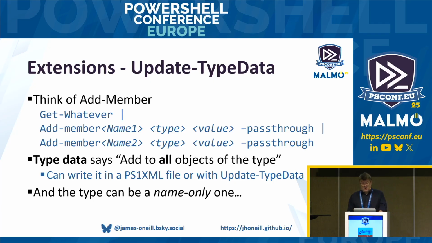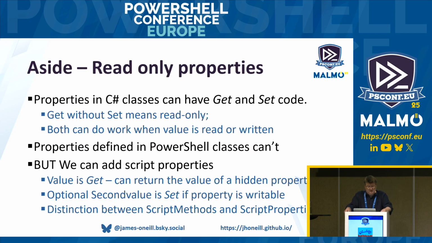Okay. Just as a quick aside while we're on adding properties like this, PowerShell classes don't have a concept of read-only members. They can hide members, but they can't make them read-only. In C#, you can say a member is read-only. You can also give it code to get the property.